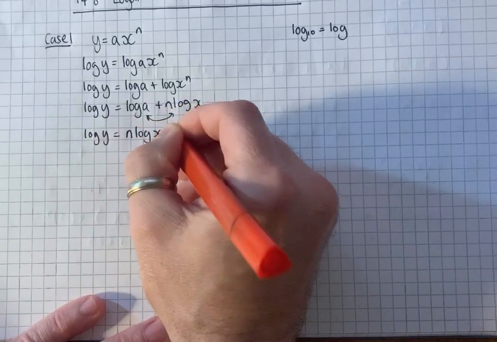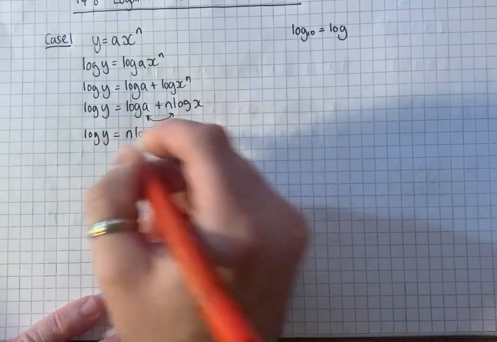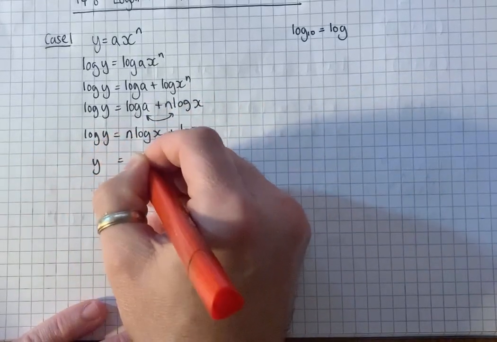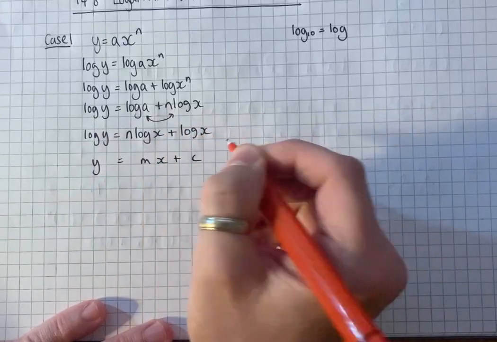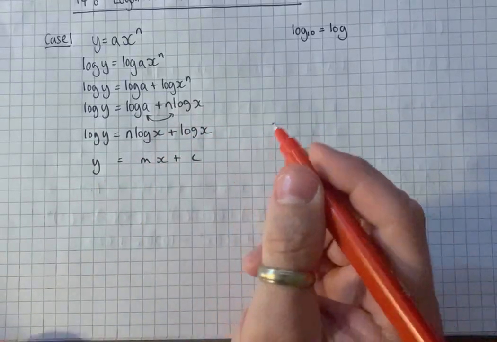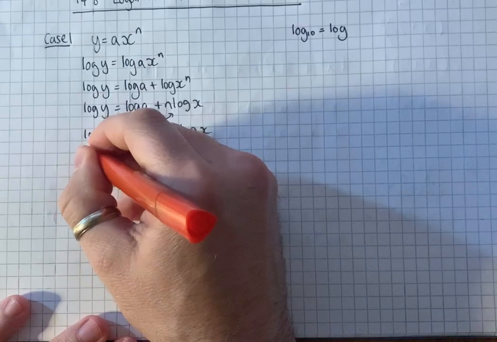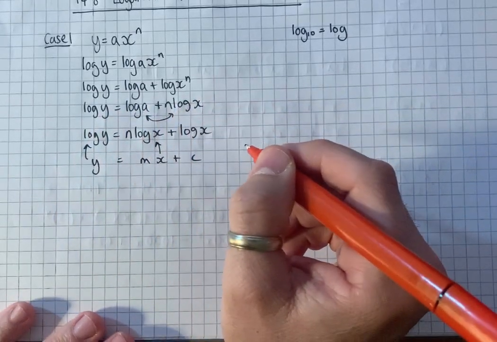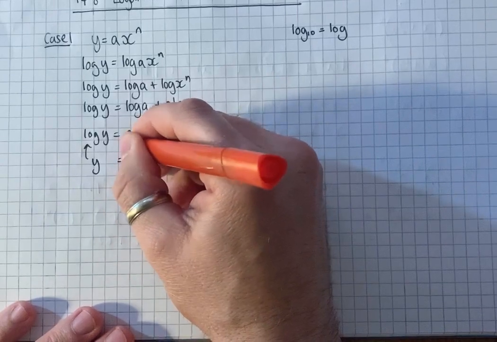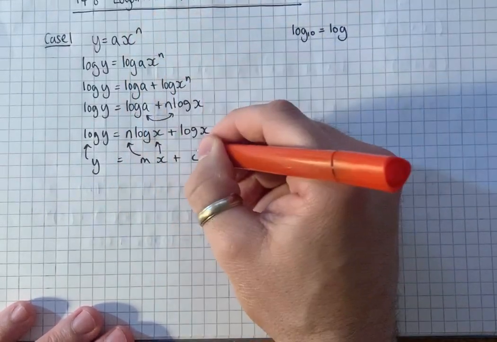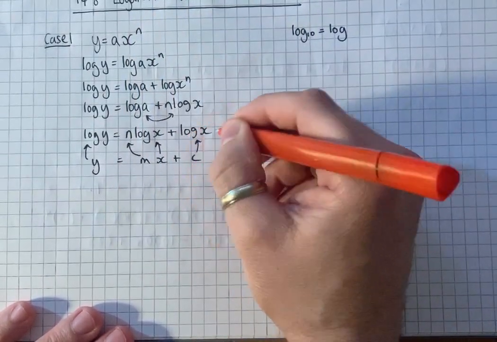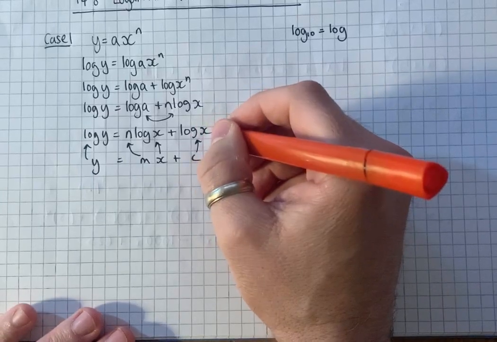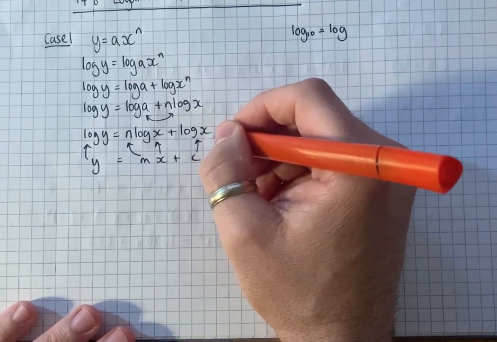The reason being is because now it looks like y equals mx. It's the general equation of a straight line. So the vertical axis is going to be represented with log y, the horizontal axis with log x, the gradient is going to be n, the power, and the intercept on the vertical axis is going to be log a.